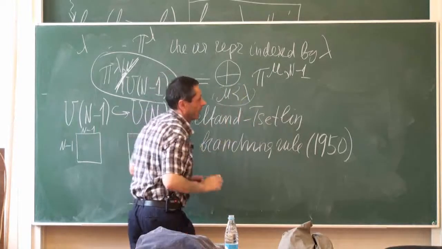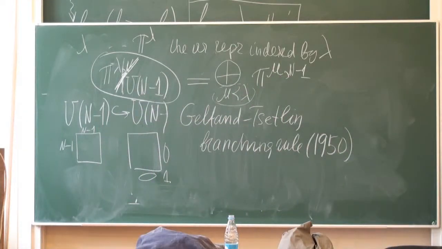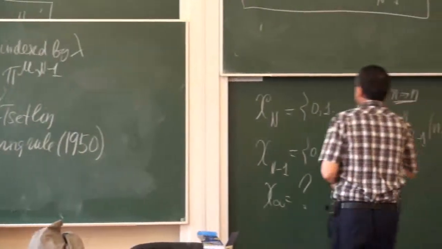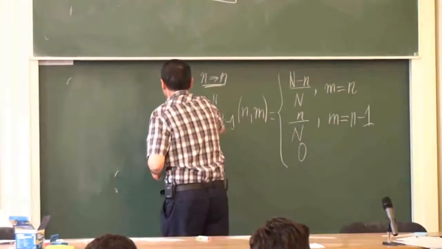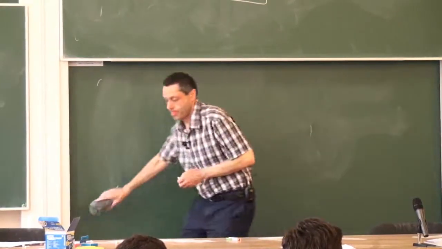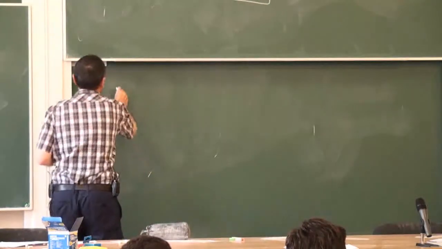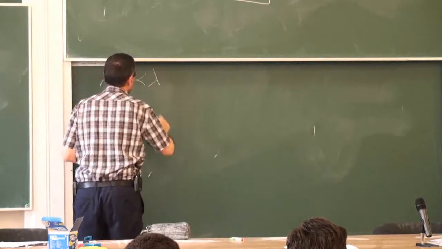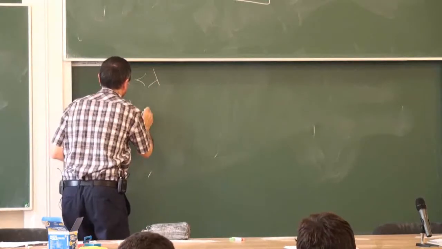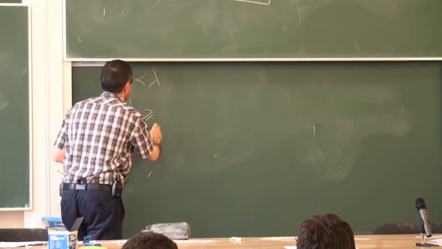The interlacement relation means the following. Mu interlaces with lambda if the coordinates satisfy the betweenness relations.